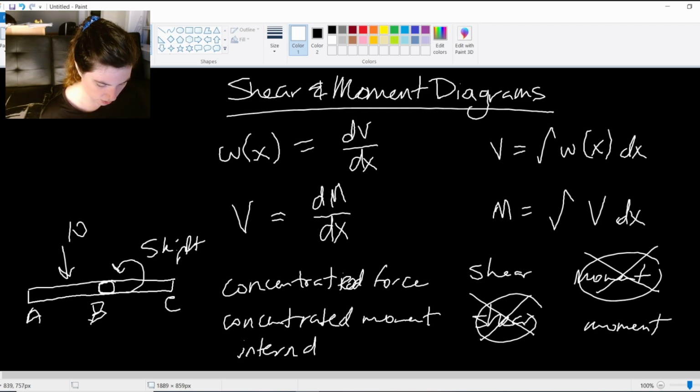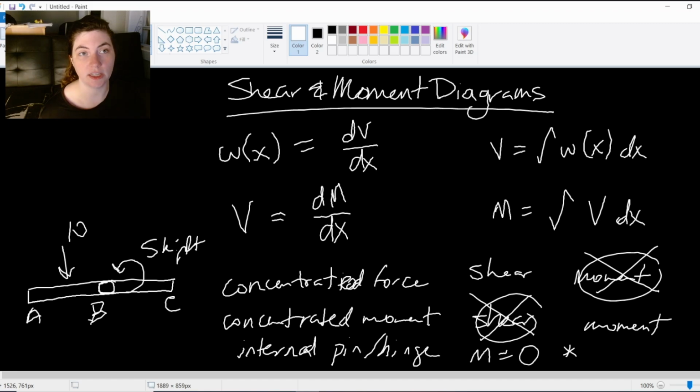Anywhere there's an internal pin or hinge, moment equals 0. Which is very helpful when you're checking yourself and very helpful if you're ever working with a compound beam. The moment has to be 0 at the point of that internal hinge.